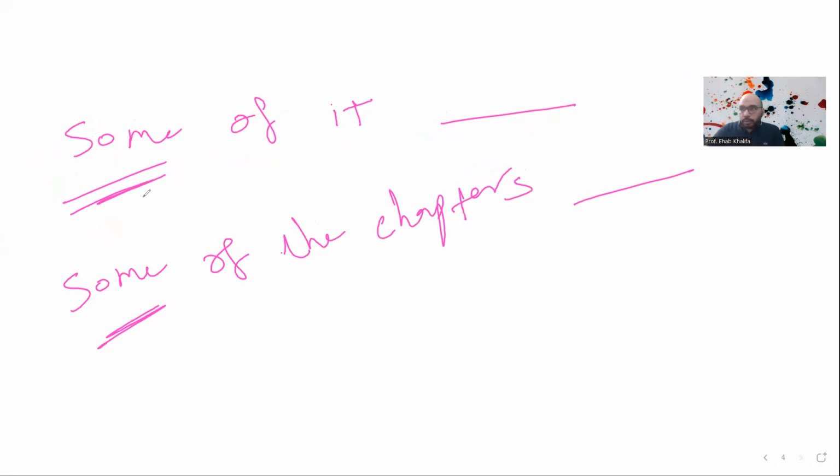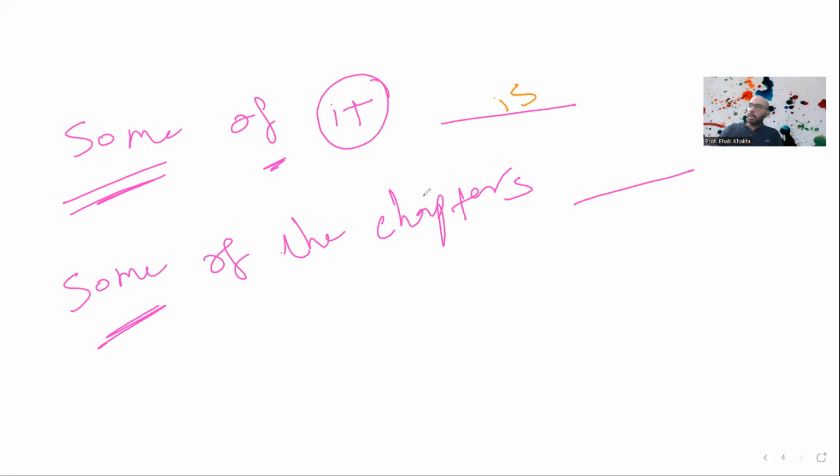If some is followed by a preposition, just look at the object of the preposition. If the object of the preposition is singular, it takes singular. If the object of the preposition is plural, it takes plural. That's it. So easy.